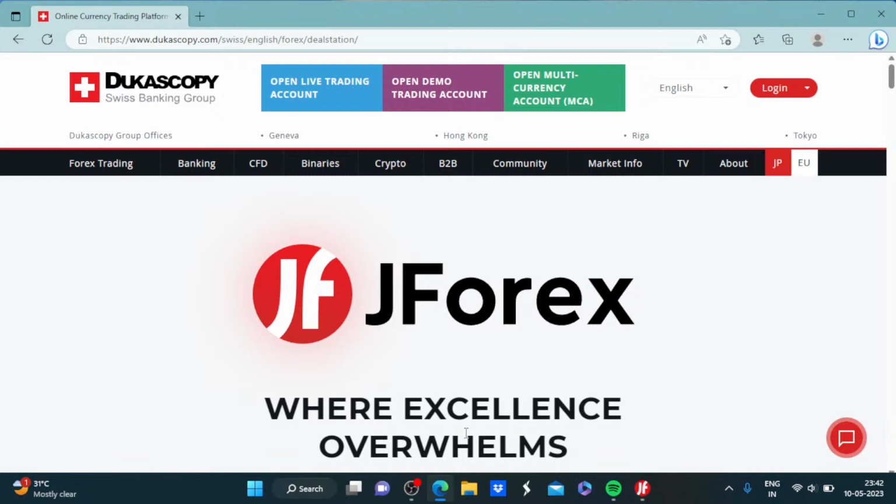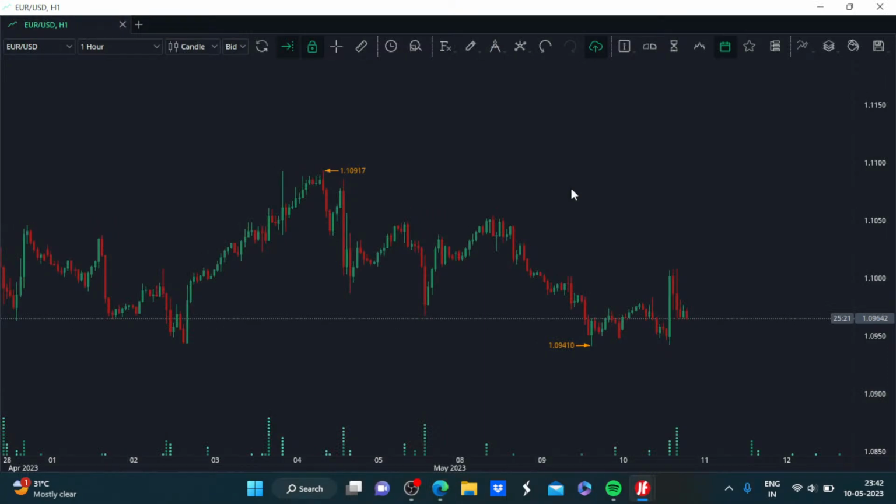So let us now head to JForex 4, the newly released trading platform from Dukascopy Bank SA. There is the EUR/USD chart with each candle period defined as hourly.